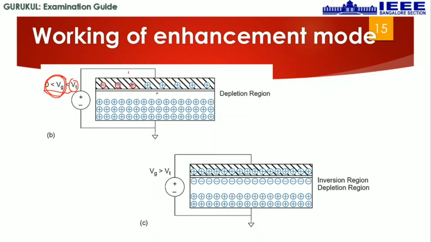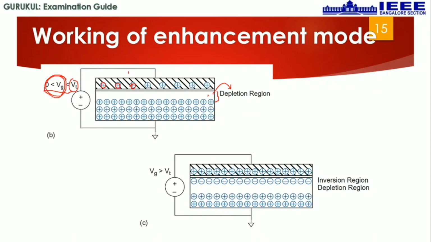These holes repel the other holes, since similar charges repel, forming a void region. This void region is called a depletion region, and it has no charge carriers, so it is not capable of carrying any sort of current.